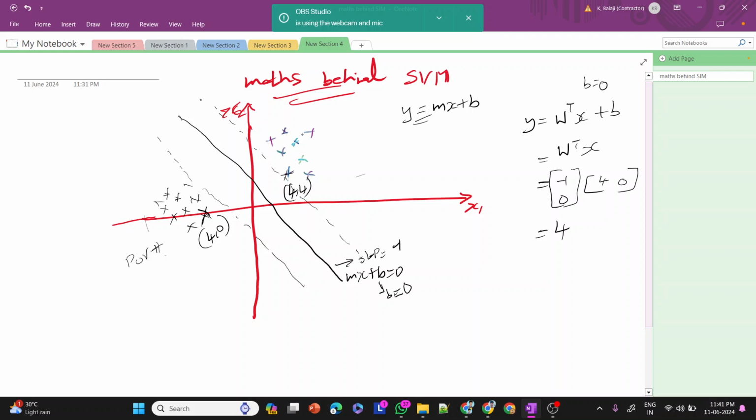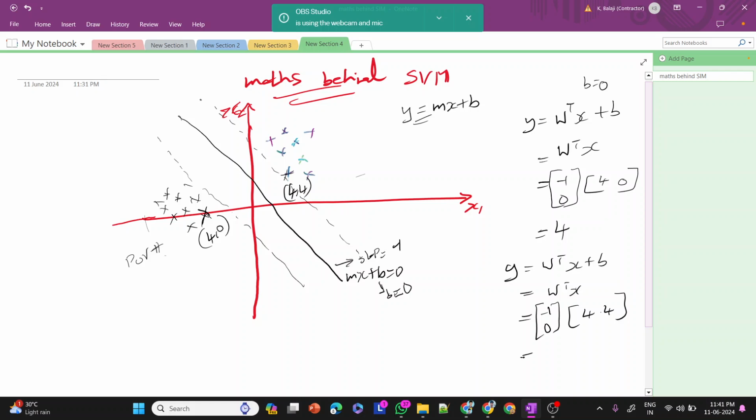Then we have to apply this formula to all of the points that are on this side. Whenever we apply the points into this formula of the hyperplane, we will get w transpose x plus b equal to (1, -1) times (4, 4), which is 4 minus 4.